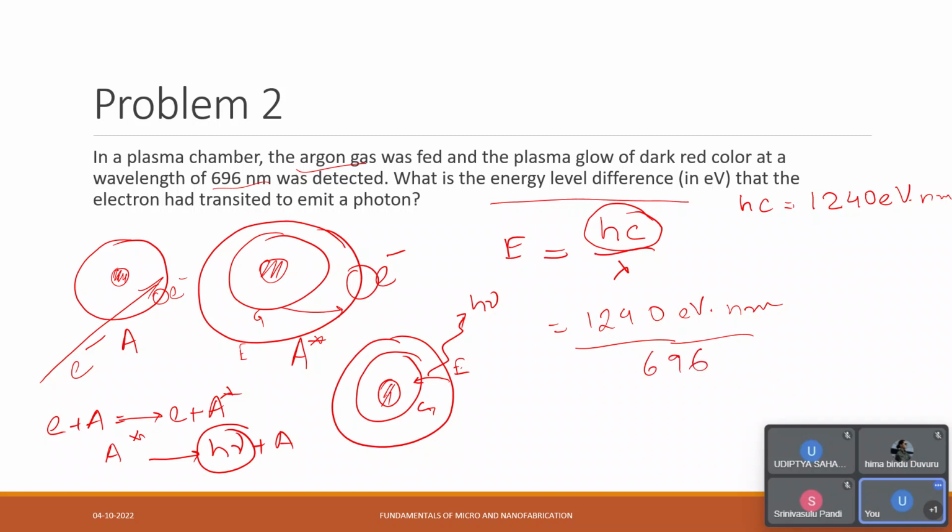Okay, so essentially you have to divide it. Okay, yeah, it's 1.7. Yeah, so this is in electron volt.